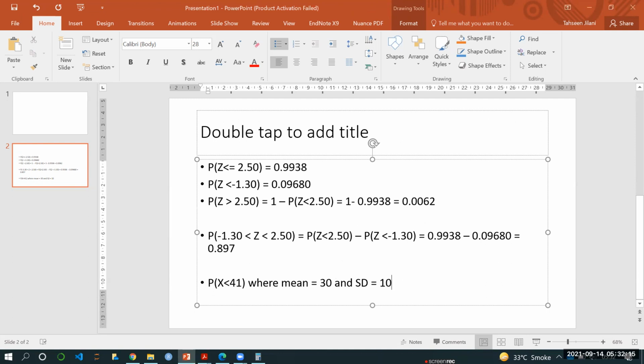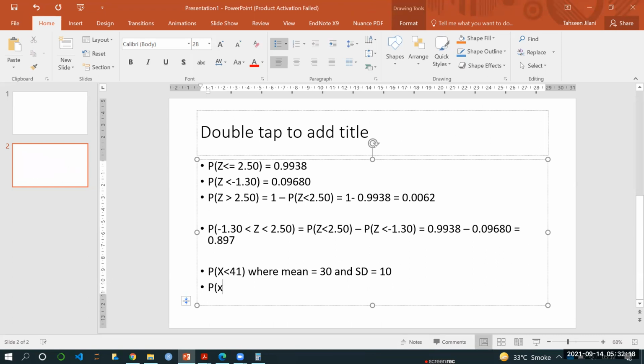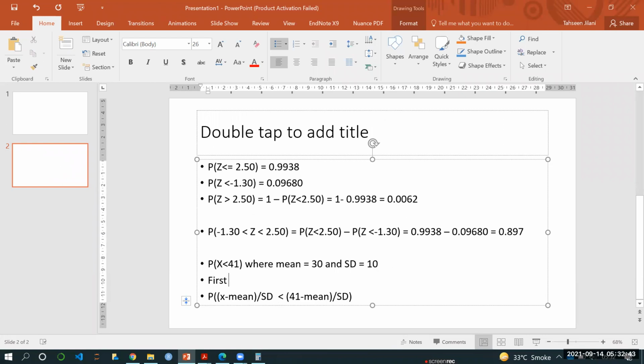If you have a question in X, first you have to transform it: (X minus mean, mu) divided by standard deviation is less than (41 minus mean) divided by standard deviation. This is called converting your question from X to Z. So first convert the question from X to Z random variable.